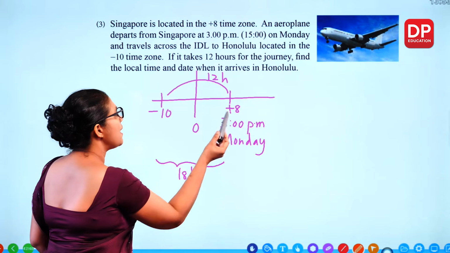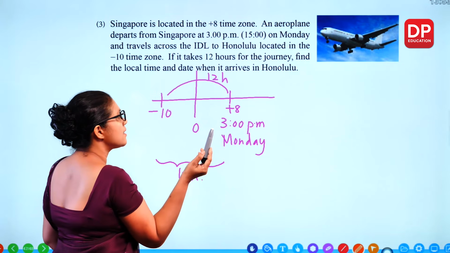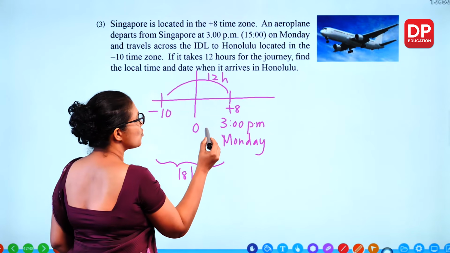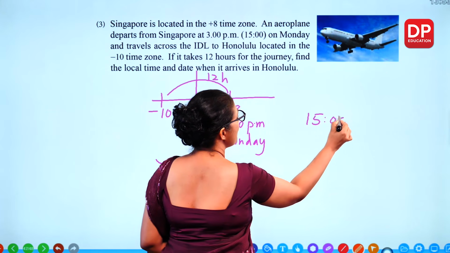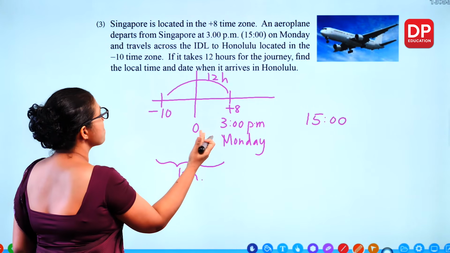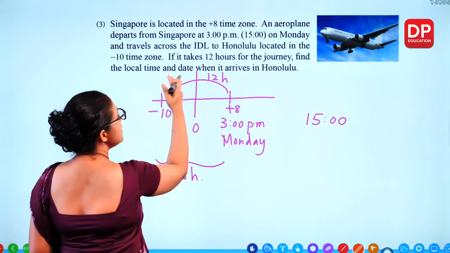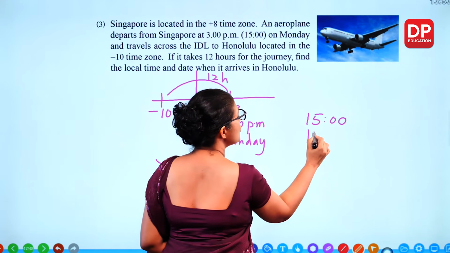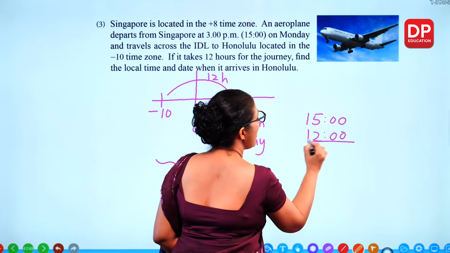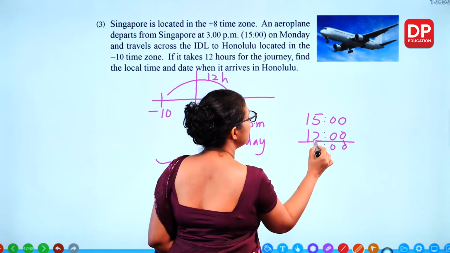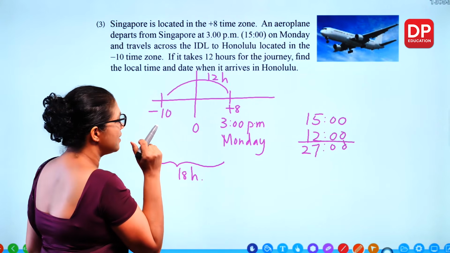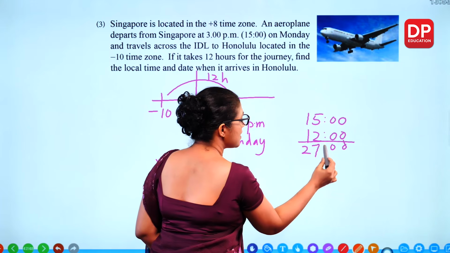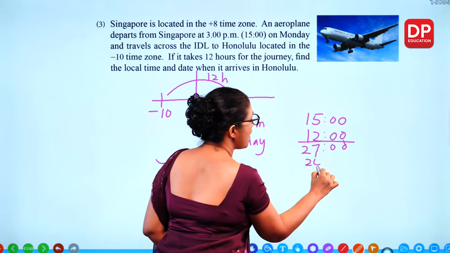So 3 p.m. means what's the standard time? 15 is the standard time. Then we need to add 12 to that, 12 hours journey. So when you add 12, what's the time? 27. You can't write that, that's 24. Subtract from there.